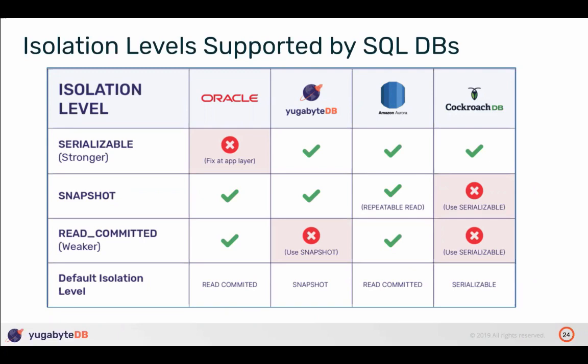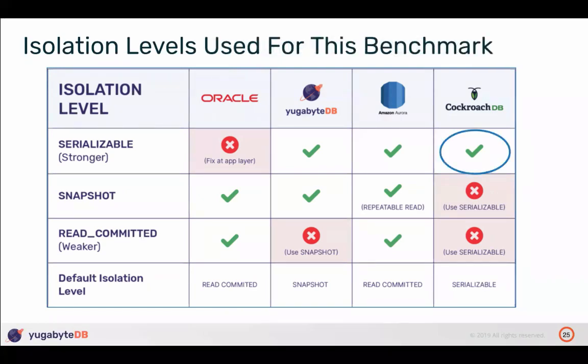CockroachDB supports, from what I understand, only serializable as the isolation level. So if you go for any weaker semantics, you pretty much get up-converted into the serializable isolation level. And that's the default as well, right? So what we had done was we had picked, obviously, the defaults that would serve the purpose, which is, I guess, in the speak of the database vendor, the isolation level at which you get the best performance for the given workload.